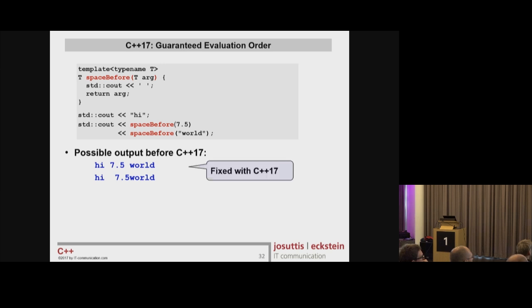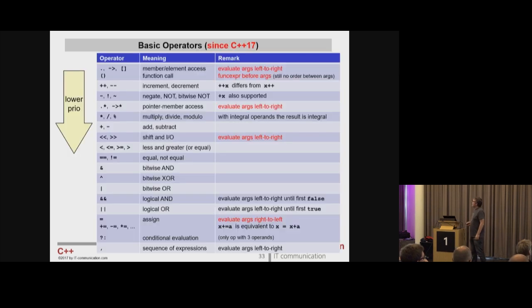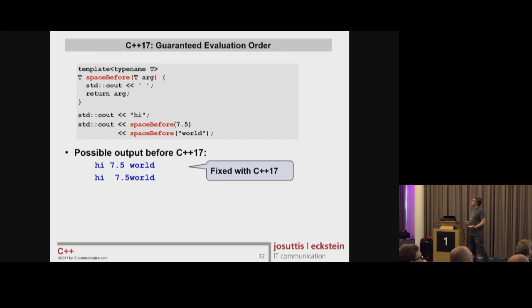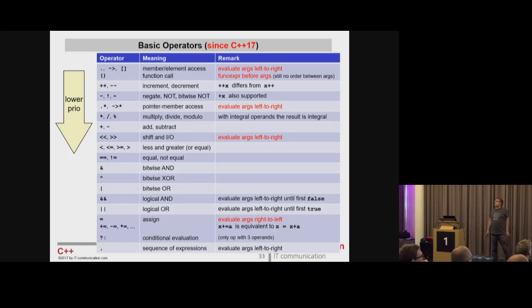However, this is fixed with C++17. We have introduced some constraints on the operators, not for this example, but there are other examples. So you see in red here the changes we made. We have now a guaranteed evaluation order for some operators, like dot and arrow from left to right.